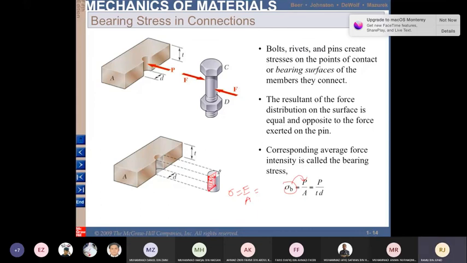This is T, and this is D. So A is equal to T times D. That's why we have T times D. Faham tak?